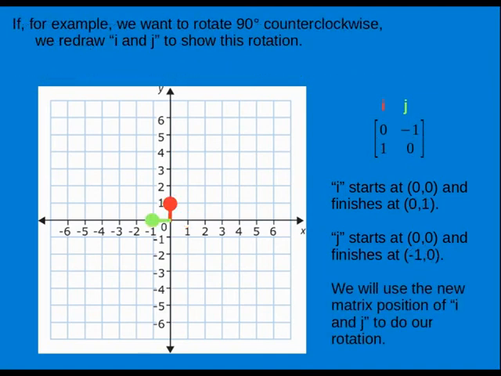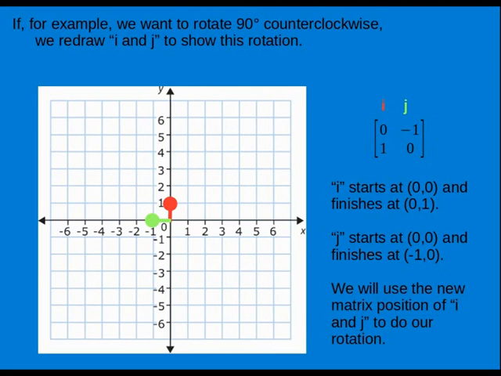For example, if we wanted to rotate 90 degrees counterclockwise, we redraw i and j to show this rotation, as shown here. Now the i has the red dot finishing at (0, 1), and the green dot is at (-1, 0), giving us a new matrix of 0 over 1 and -1 over 0.